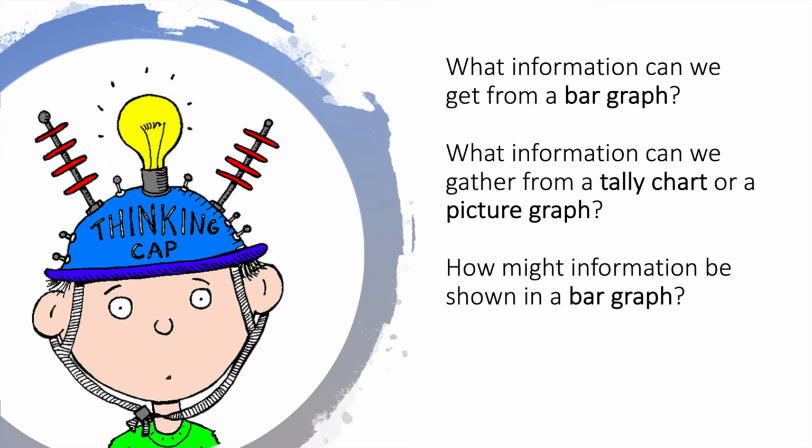Okay, so in order to get started, let's think about what we've learned so far about tally charts and picture graphs. Now, thinking about that, what information do you guys think we could get from a bar graph?